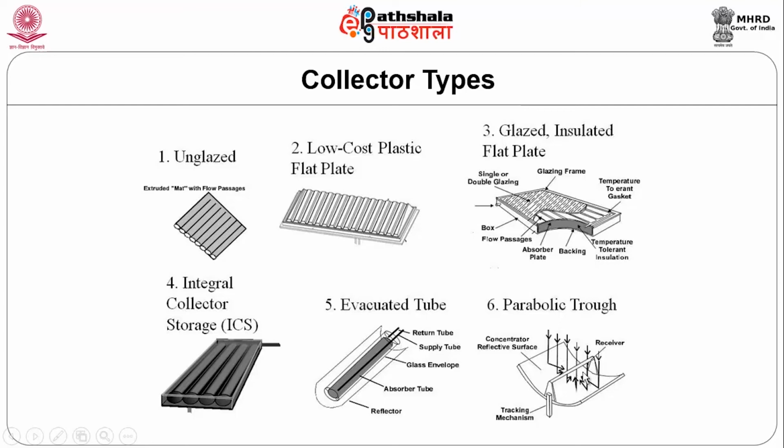When you go for the parabolic trough collector, this is the absorber and this is the collector. The sun rays strike the collector and get reflected towards the absorber. The absorber area is very small, but the collector area is big. That ratio between the collector area and absorber area is the concentration ratio. When the concentration ratio increases, you can get more temperature output.